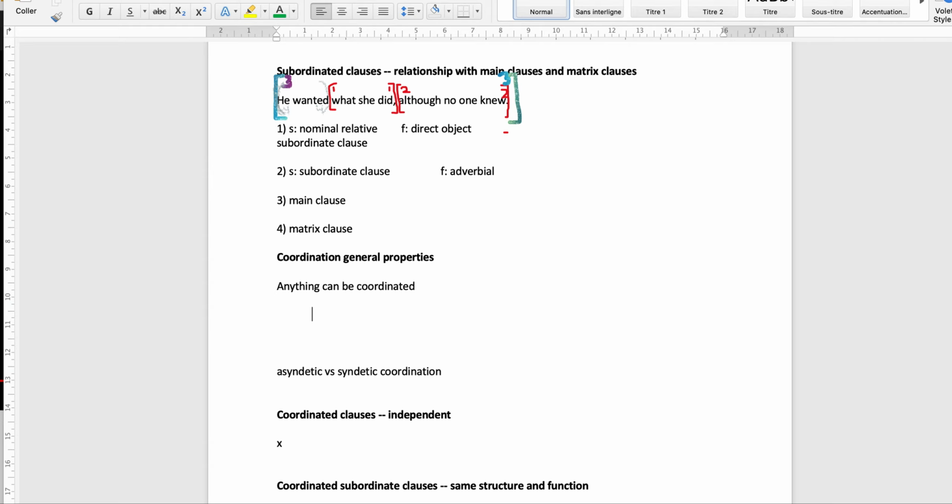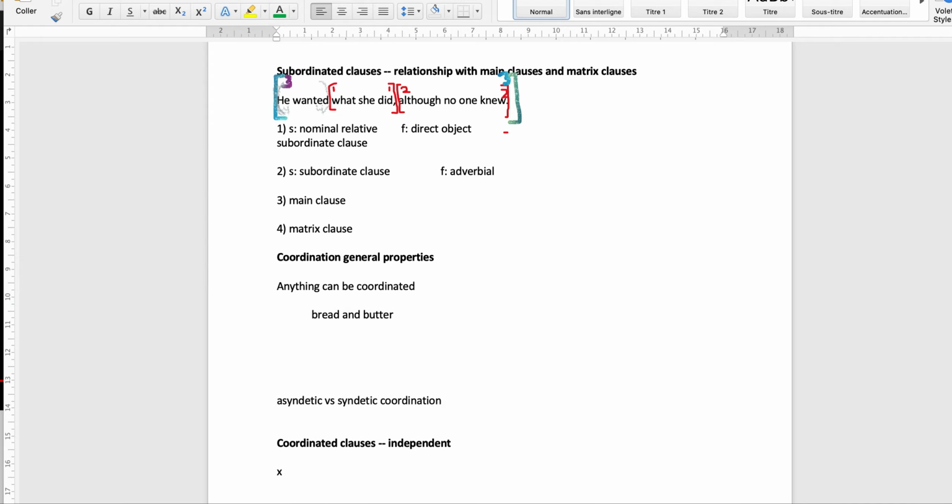When I say anything can be coordinated, that means I can say, for example, bread and butter, right? I'm just going to give you some examples. Now, I want you to ask yourselves what's coordinated and what kind of things they are, okay?